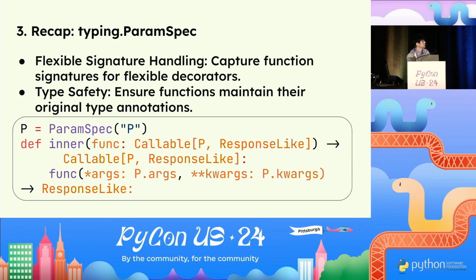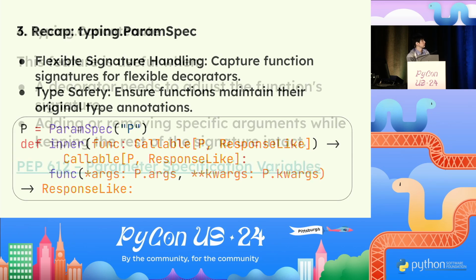We can use P.args and P.kwargs. The feature is good for detecting argument types, like keyword arguments or positional arguments. But in this talk, I focus on the decorator, so I don't introduce the details of the feature.